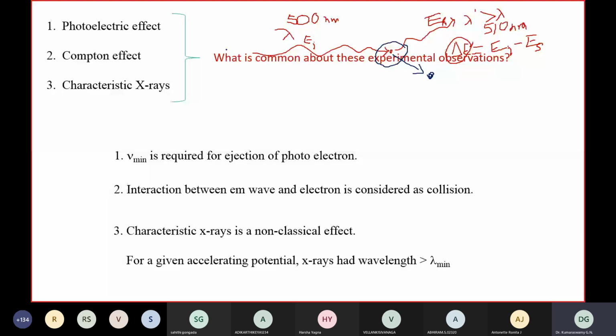Write down. Photoelectric effect. One, electromagnetic radiations of certain frequency incident on a metal whose energy is more than the work function.